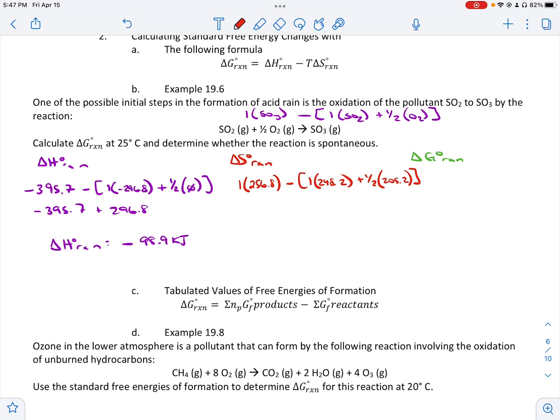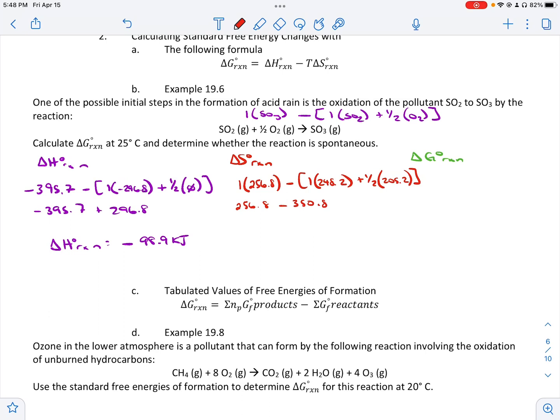So we do all that. We've got 256.8, and then we're minus, if I can do math here, half of 205.2. We should get, I believe, 350.8.